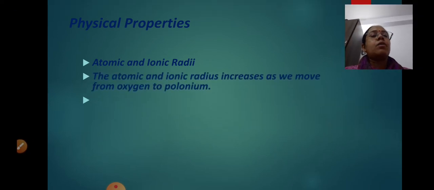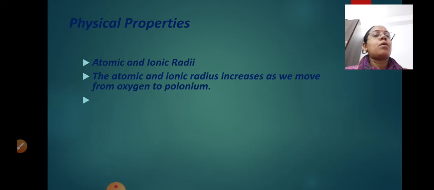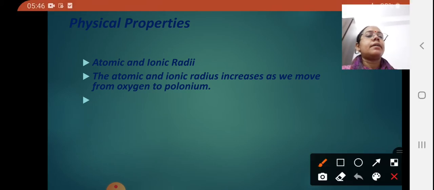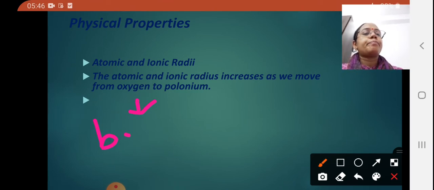Now the atomic and ionic radius increases as we move from oxygen to polonium. And what is the reason behind it? The reason is the increase in the atomic number.